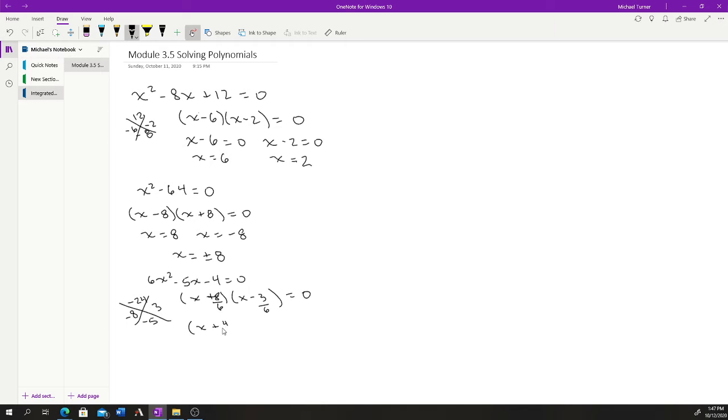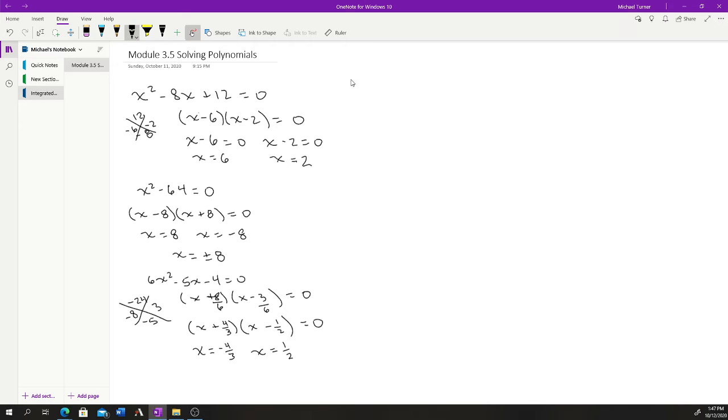This becomes 4/3. Here, this becomes 1/2. Set each of those equal to 0, and we get x equals negative 4/3, and x equals positive 1/2. So same factoring, just adding an additional step.